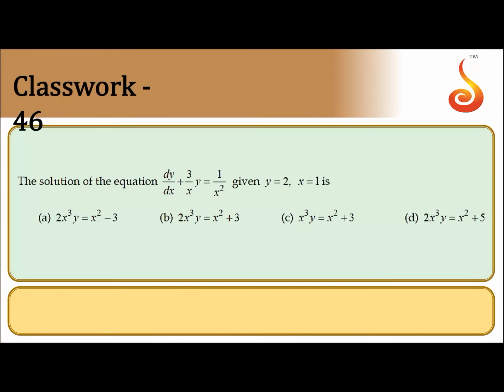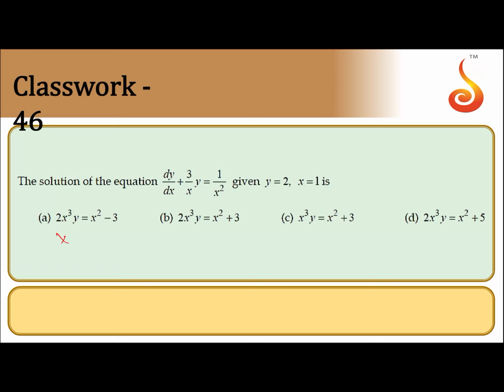Clearly, when you simplify, 1 comma 2 satisfies in this case. Checking the options, with y equals 2, 2 twos are 4, and the left side with x equals 1 does not satisfy for the first option.